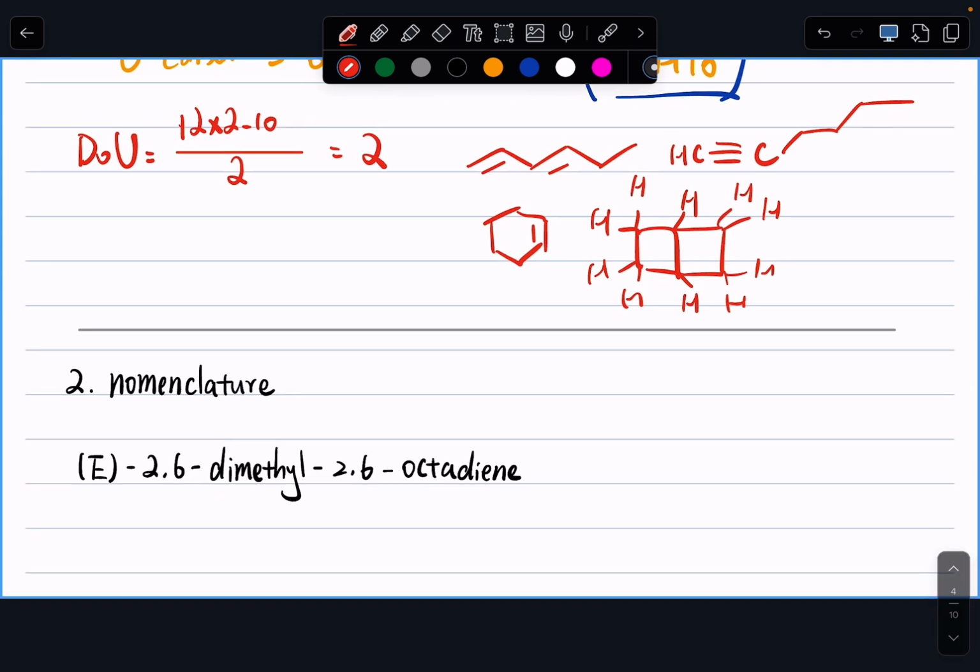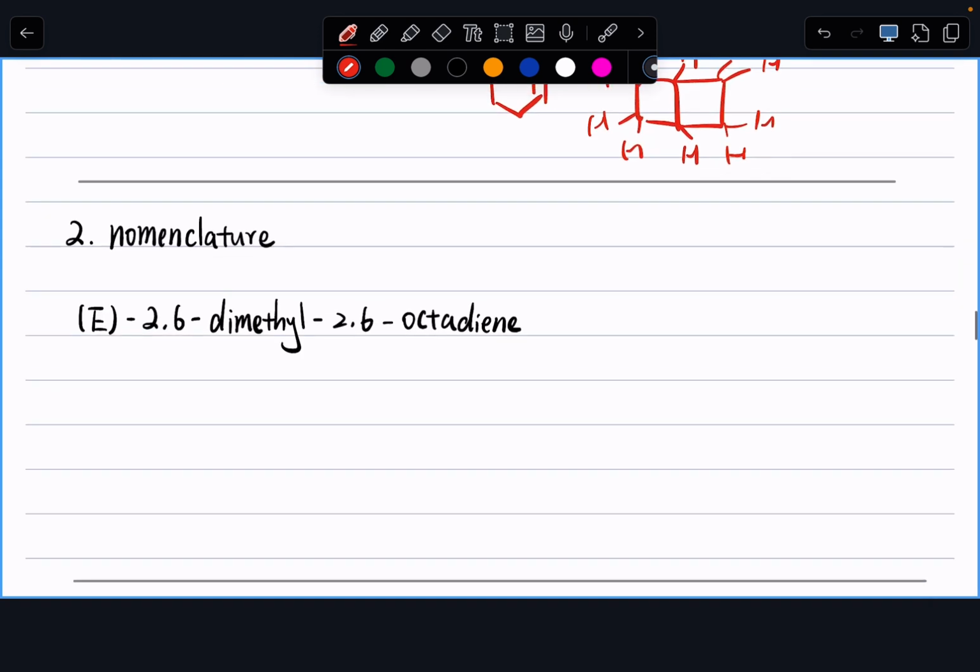And then nomenclature. One thing that lots of people were asking is, for these kinds of alkenes, it looks like we have a very long name. How do we approach it? The best way to look at these names is to think about how to read them. For example, write the chemical structure of E-2,6-dimethyl-2,6-octadiene.